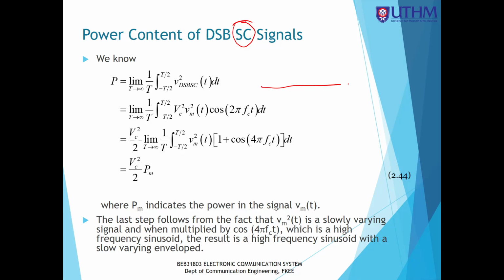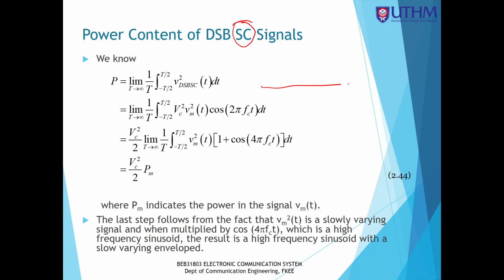Okay, these equations may be confusing to you. Maybe I will explain to you. You see that here, the power of double sideband suppressed carrier only involves lower sideband and also upper sideband. They have two components without the carrier.